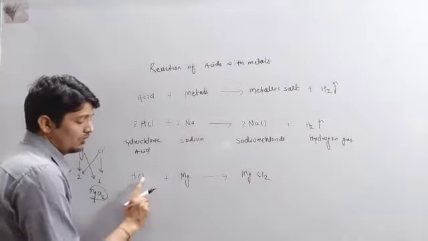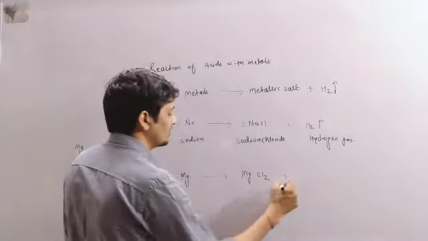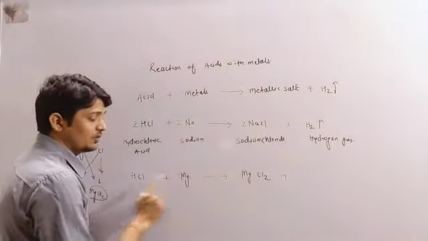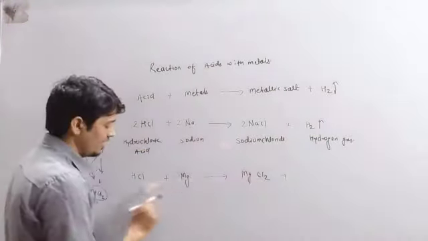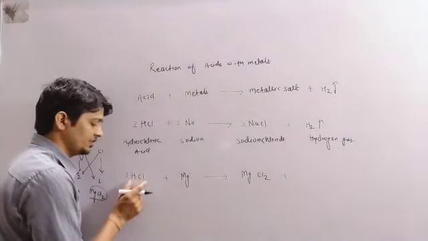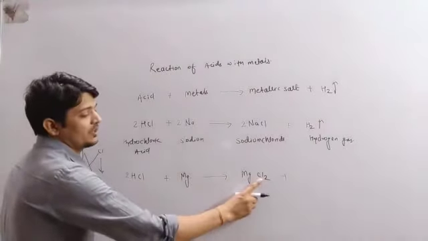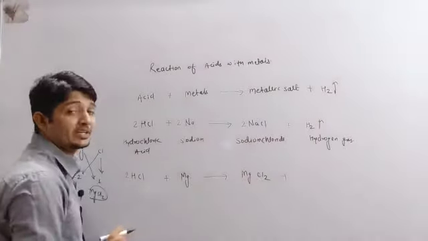So here chlorine will react with magnesium to form magnesium chloride, plus here we have hydrogen. See, two chlorine are used and here only one is mentioned, so we have to multiply this compound by 2 as a coefficient. So we have now 2 chlorine which are used here for the formation of magnesium chloride.